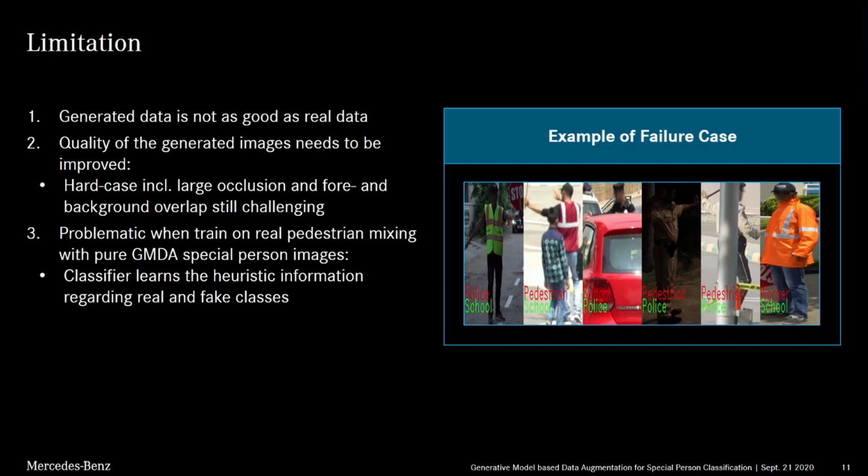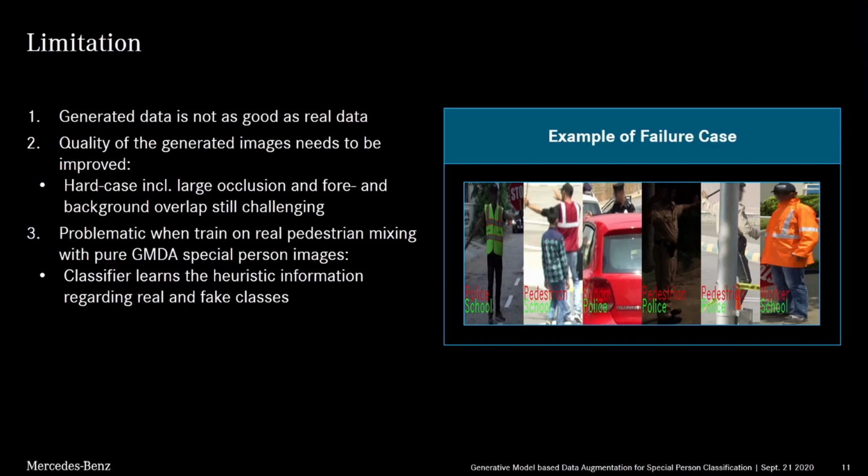It is also worthy to mention that there are limitations in implementing the GMDA approach. The limitation becomes visible with more real data available during the training. So adding the same amount of real data is always better. The generative data is not as good as the real data. And secondly, the quality of the generated images needs to be improved.